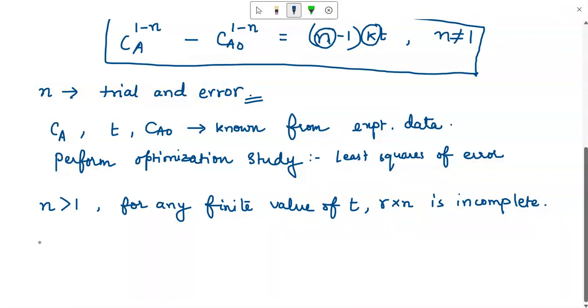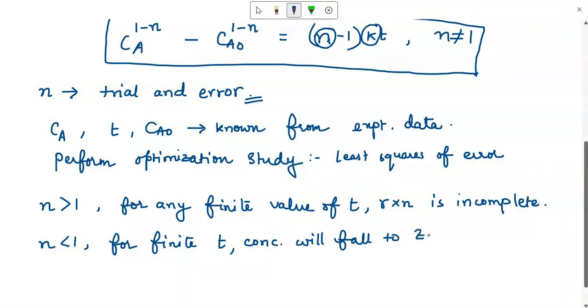But if n becomes less than 1, then for a finite value of t, the concentration will fall to 0 at some point.